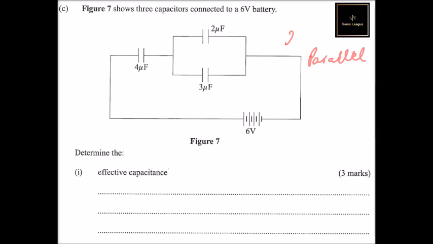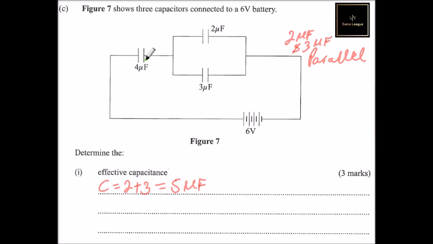Then we are supposed to add them to get the total or resultant capacitance. So because these two are parallel, we say the total capacitance here is 2 plus 3, and that will be 5 microfarads.